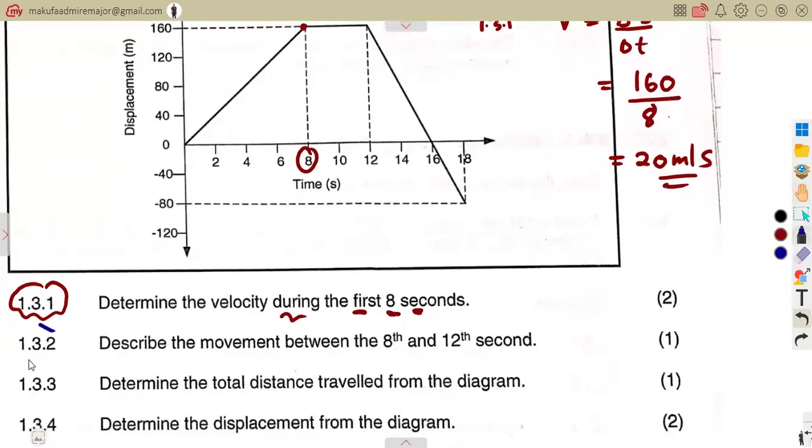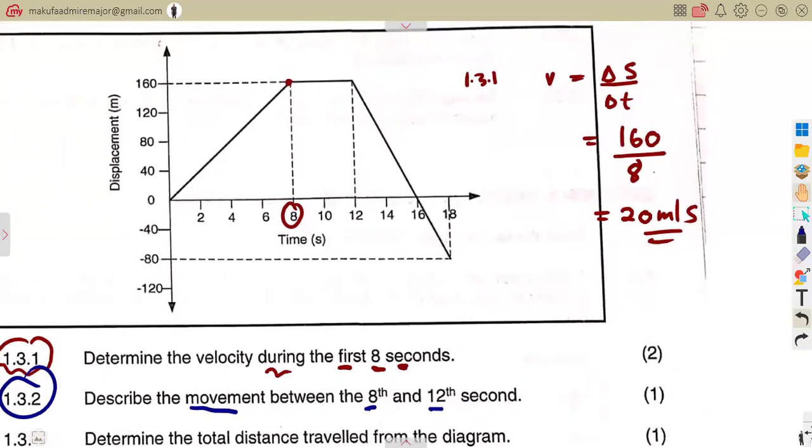1.3.2, describe the movement between the 8th and 12th second. In terms of the movement, at 8 seconds it is 160, and at 12 seconds we are still at 160.